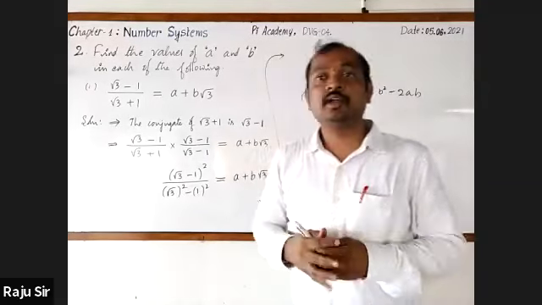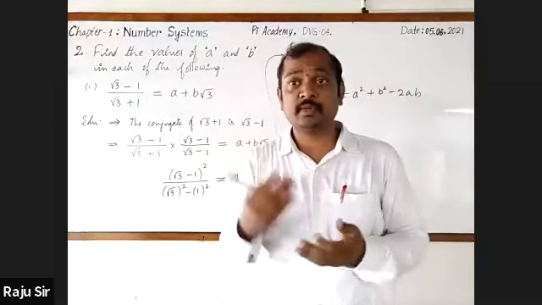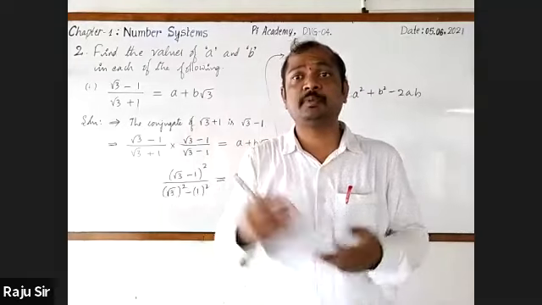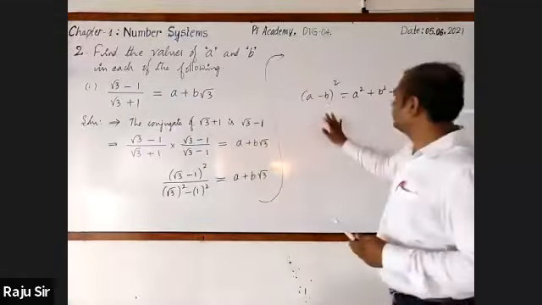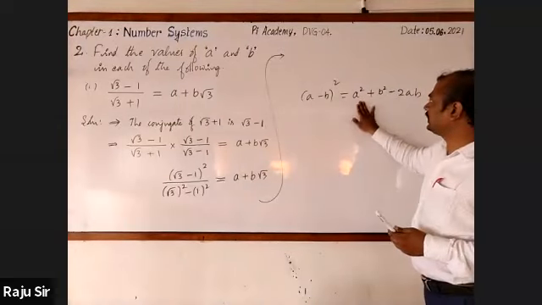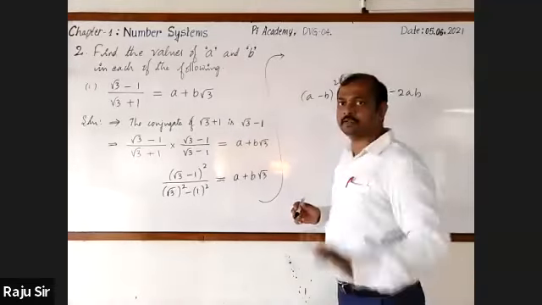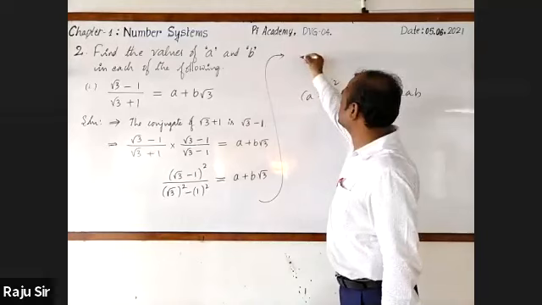Last year only you have learnt about (a plus b) whole square, (a minus b) whole square, (a plus b) into (a minus b), (x plus a) into (x plus b). Those should be recalled. Now (a minus b) whole square equals a square plus b square minus 2ab. I'll expand this according to that. Just look here, don't try, just observe the book.